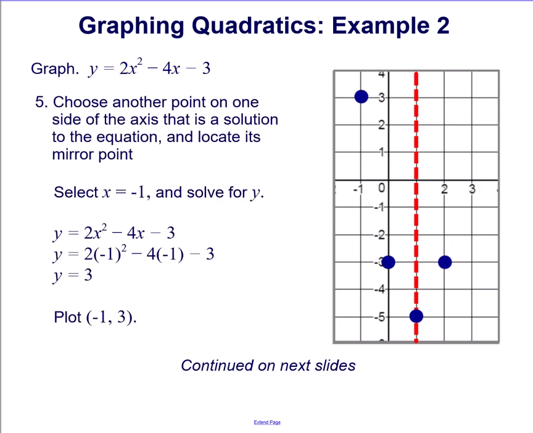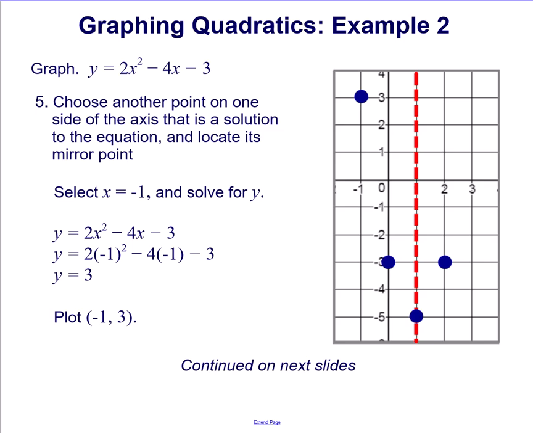Step number 5, we choose another point on one side of the axis that is a solution to the equation and locate its mirror point. We can select any number we want. Logically speaking, I'm going to select x equals negative 1 and solve for y. The reason why I'm choosing x equals negative 1 is because if you look at the way the points go up and down in order, we have x equals 2, x equals 1, x equals 0.